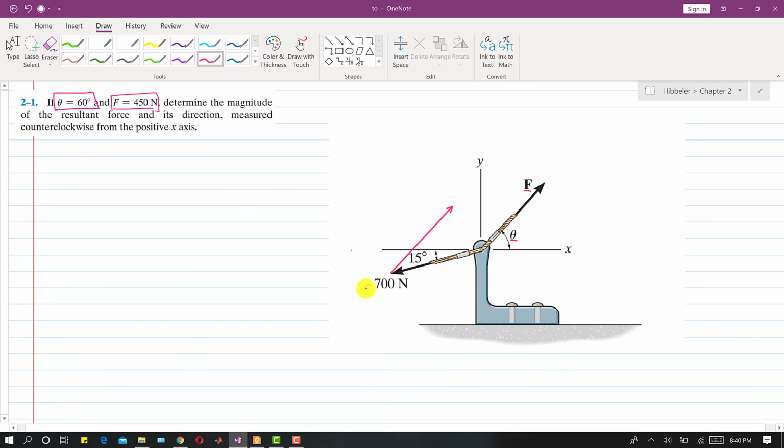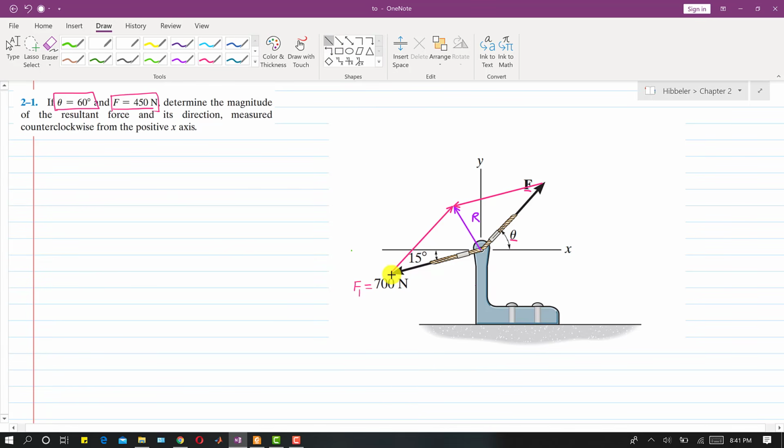Let's suppose this 700 Newton force is F1, and this is F. In order to complete this parallelogram, I need to copy this 700 Newton force, this F1, as well, and place it on the head of this F force. So by the head to tail rule, we will have this as the resultant, from the tail of the first vector to the head of the last. So this purple one will be the resultant.